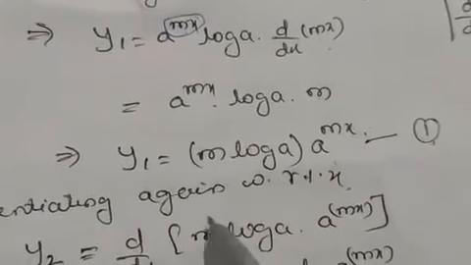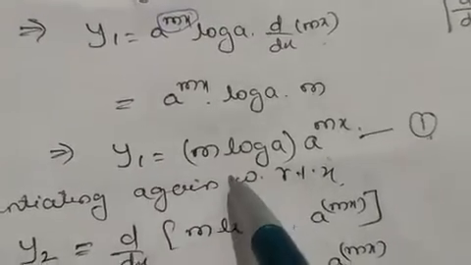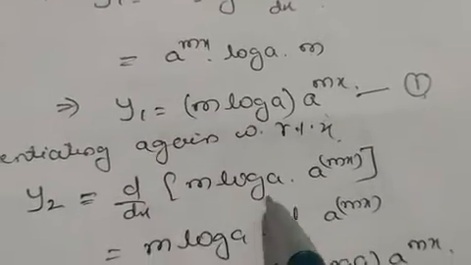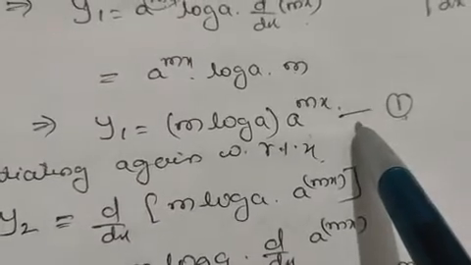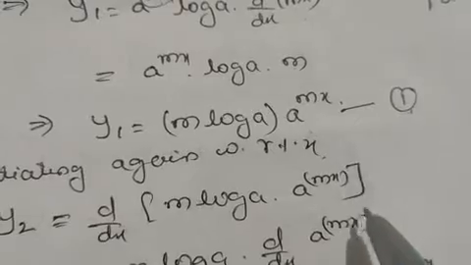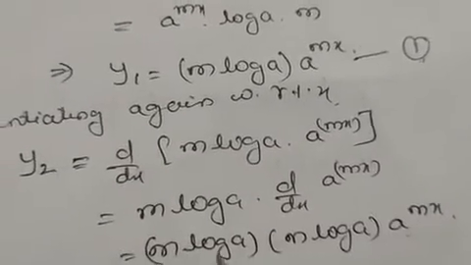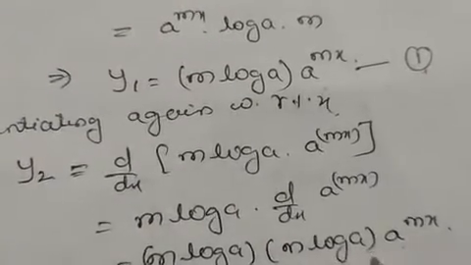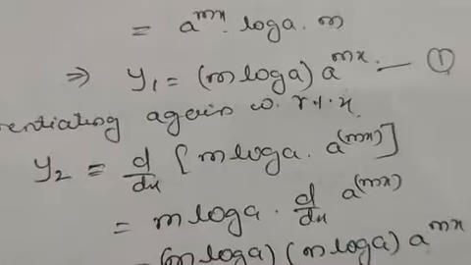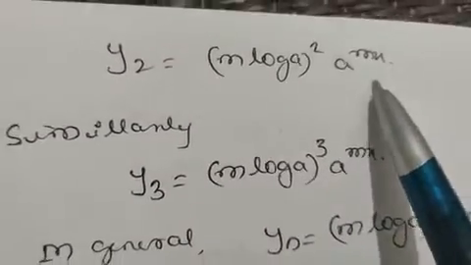So now differentiating again with respect to x, it is denoted by y2, and derivative of this one, m log a constant as it is, derivative of a raised to mx. So from equation number 1, derivative of a raised to mx is m log a into a raised to mx. So y2 is m log a whole square into a raised to mx.